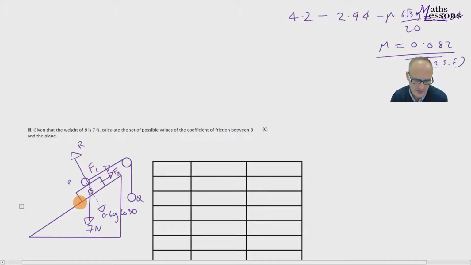Now, on B, that's all the forces we have. There are no other forces acting on B. We've just got its weight, the friction between P and B, the friction between B and the plane, the normal reaction between the plane and B, and the reaction of P's weight on B going that way.